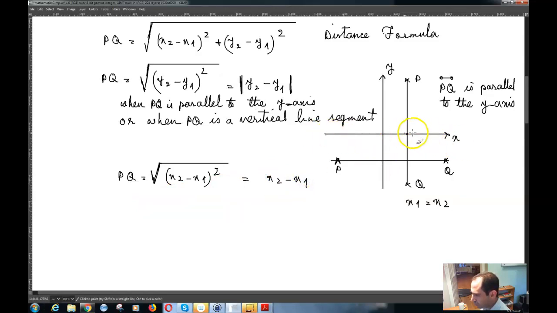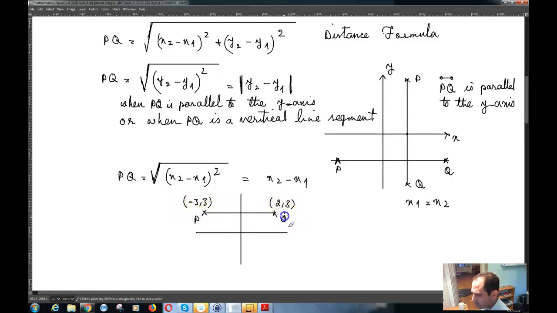And again, here you could have the same problem. Let's say that you have these two points over here: this is (2, 3), and over here we have (-3, 3).